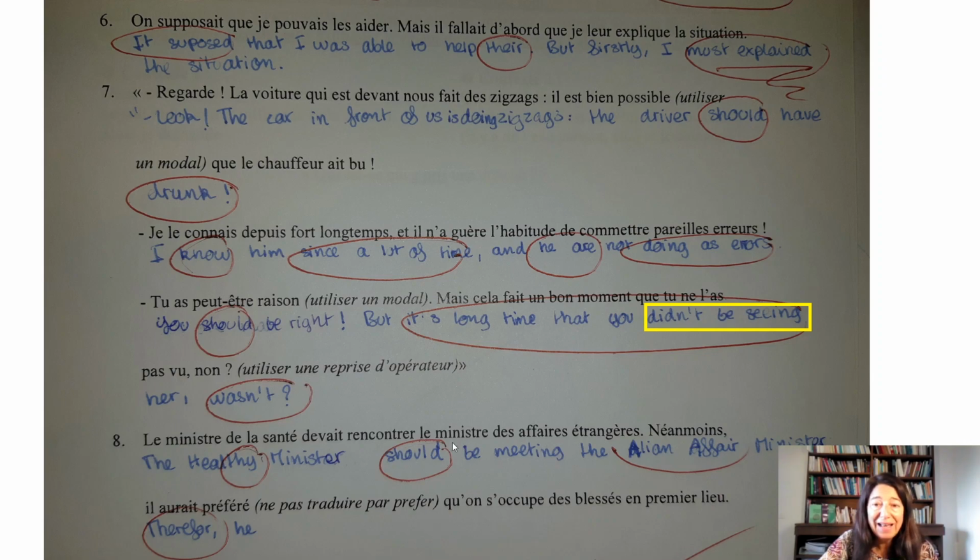Okay, and you didn't be seen. So in this case, the student who wrote that exam paper did write do plus V0, and then we have be plus VING. So these two are correct.